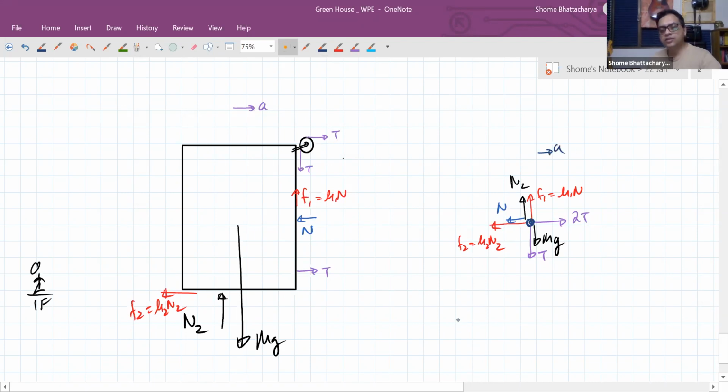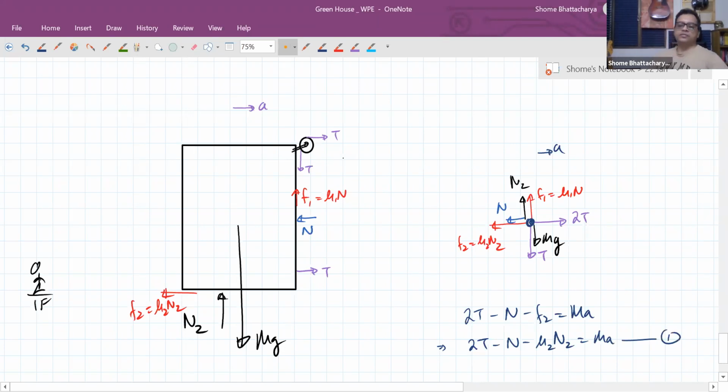So let's write the equations. The net horizontal force is 2T minus N minus F2 is equal to capital M A. Okay. So 2T minus N minus mu2 N2 is equal to M A. Is the first equation we have. Okay. And vertical forces should be balancing.